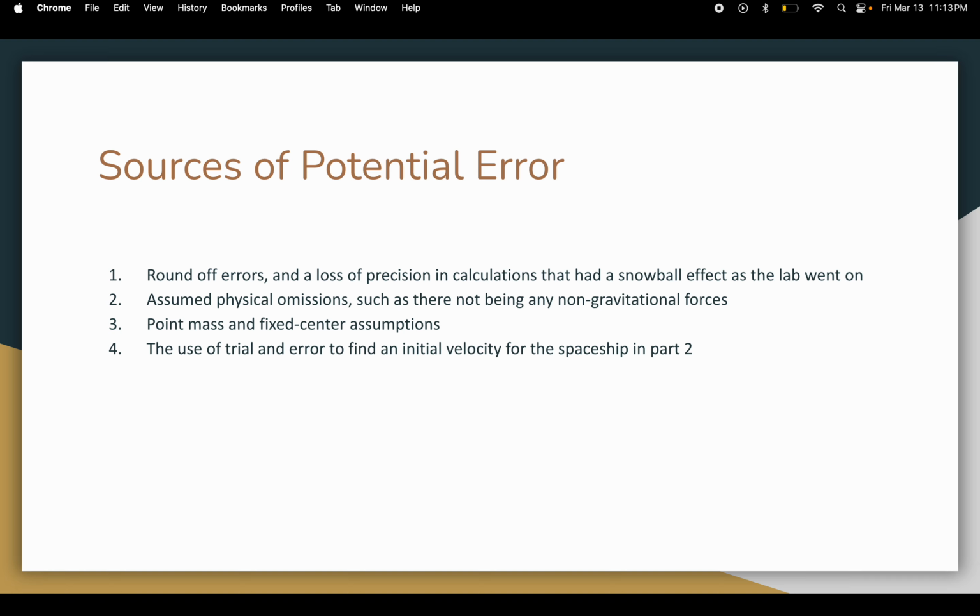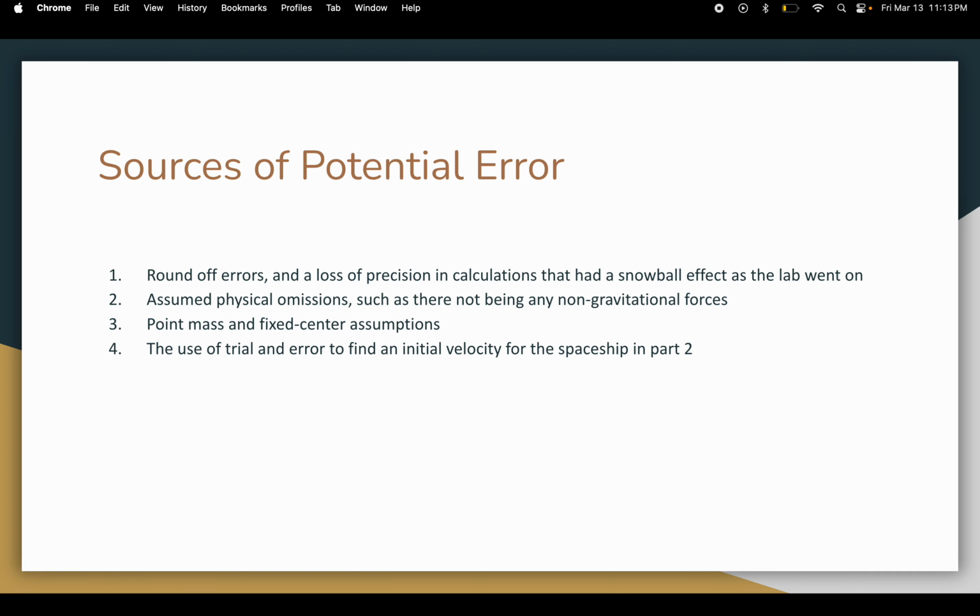And some sources of potential error are round-off errors through calculations, and this is because the loss of precision that occurs when you round off a calculation would have a snowball effect as the lab goes on, just increasing the amount of error. And then another possible source of error is the assumed physical omissions, such as there not being any non-gravitational forces on the planet, the moon, or the spaceship.